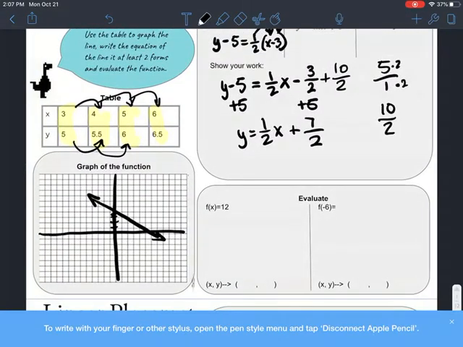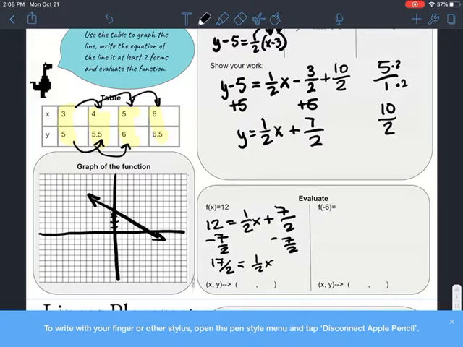So then on this evaluate section, we're given f of x equals 12. Well, f of x is just y in its fancy function clothes. So we're going to do 12 equals 1/2 x plus 7 over 2. Then you would subtract 7 over 2 from both sides. 12 is the same as 24 over 2. 24 minus 7 is 17 over 2, equals 1/2 x.